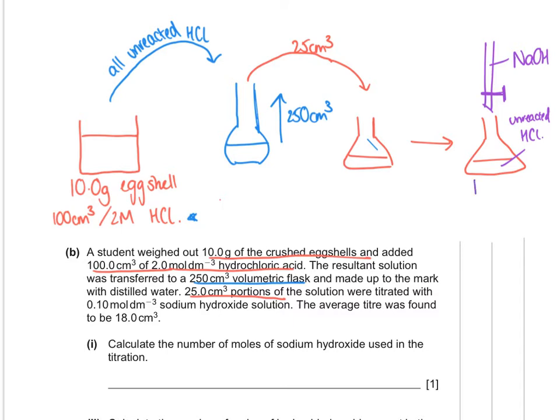So from this titration I can start with my titer and get the number of moles of sodium hydroxide that I used. Okay, from the moles, if we work our way backwards now, because when sodium hydroxide and hydrochloric acid are reacted together, they're in a 1-to-1 ratio. So the number of moles of sodium hydroxide will equal the number of moles of hydrochloric acid that reacted.